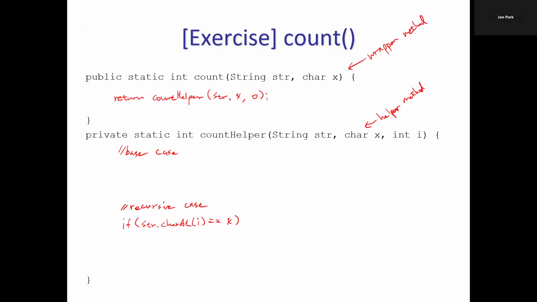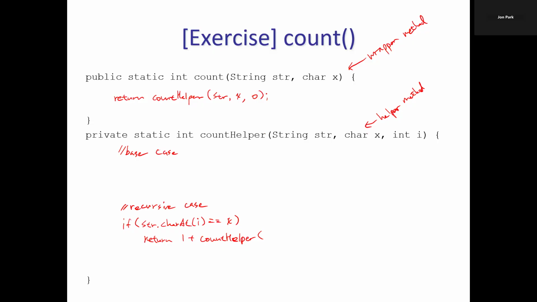So if string.charAt(I) is the same as X, then you return 1 plus count helper. Okay, what do you pass into the recursive call?